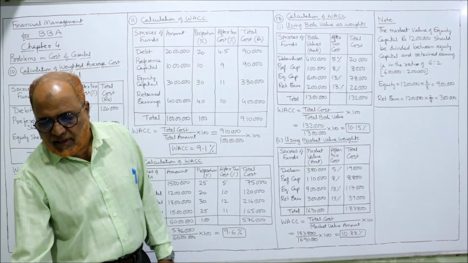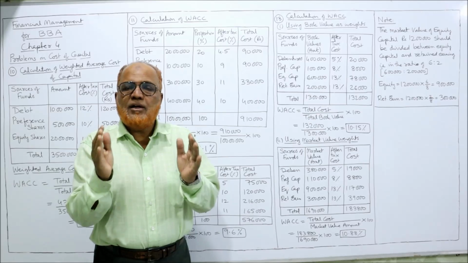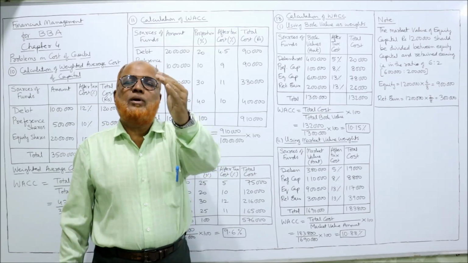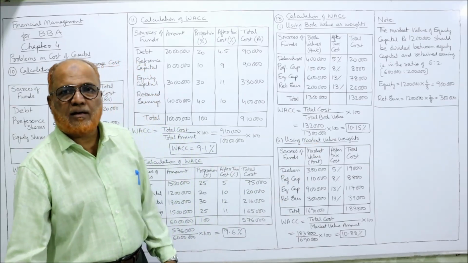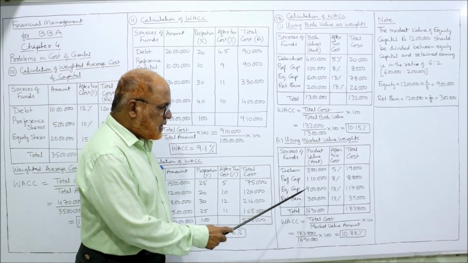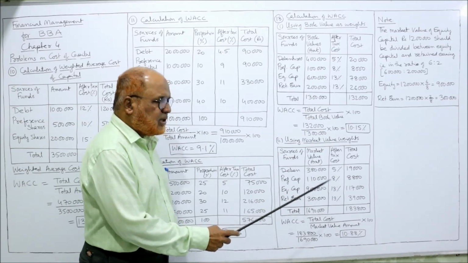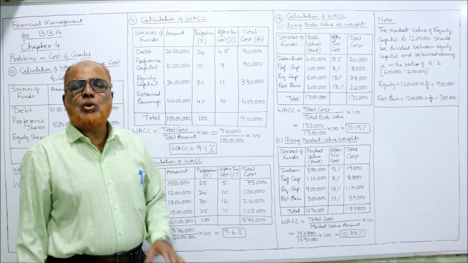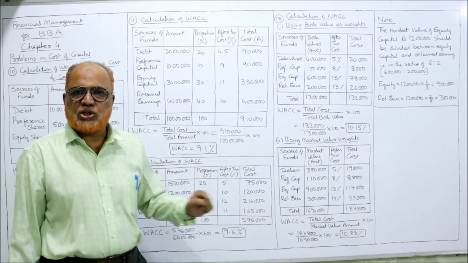So instead of taking 12 lakh of equity, we divide into both the categories, equity and retained earning, 9 lakh and 3 lakh. So here, equity capital 9 lakh, retained earning 3 lakh. If you add up these two, it will be 12 lakh. So don't take 12 lakh in equity and don't take dash in retained earning.